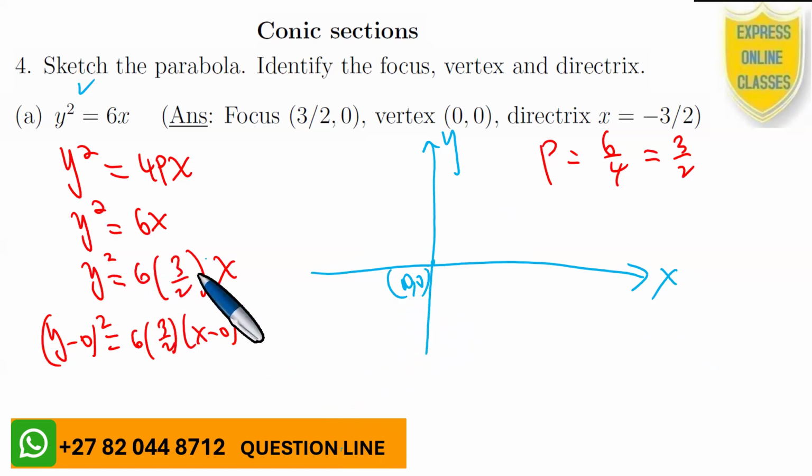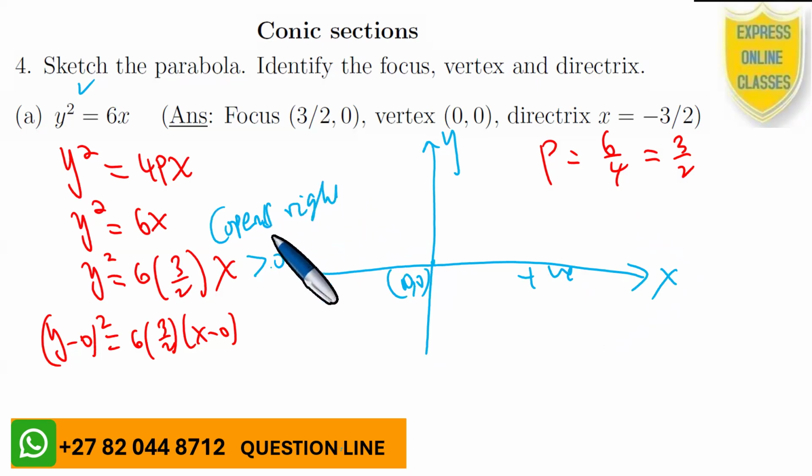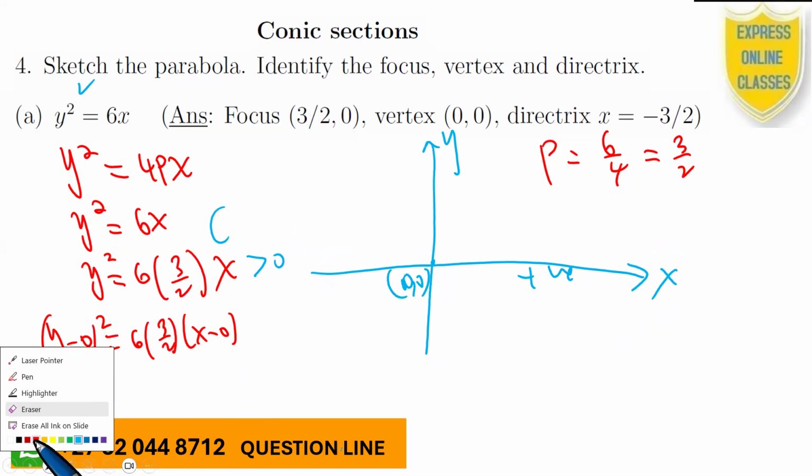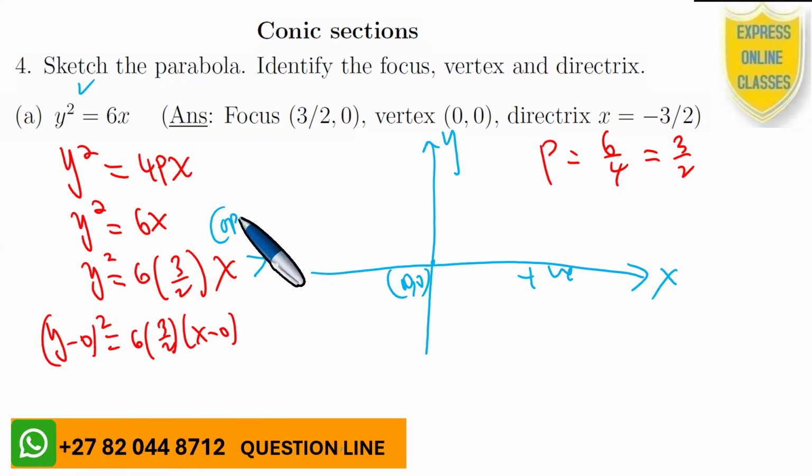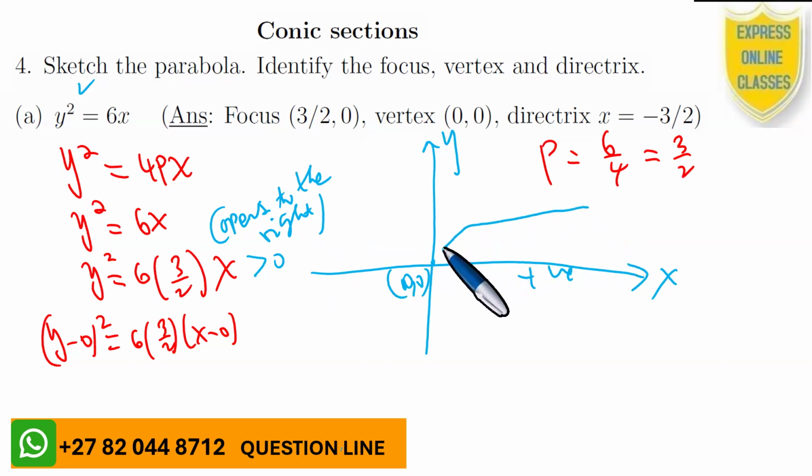Because y squared is positive and this is positive, x is positive on this side, which means that it opens to the right. If it opens to the right, then you have this.